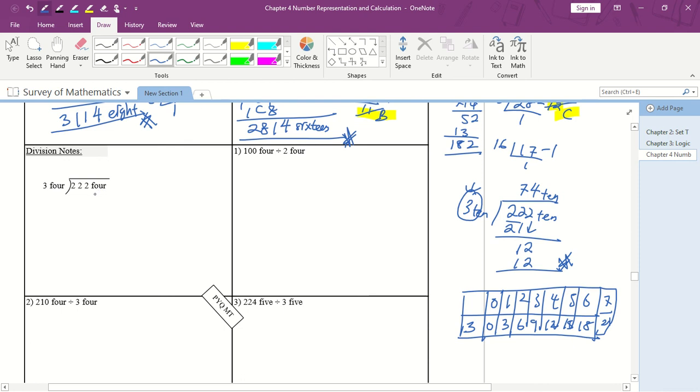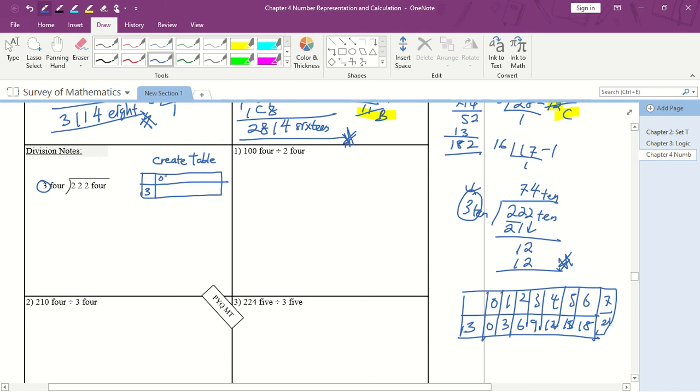Okay, let's try the question. First thing, this is 3 base 4, and we need to create a table. How are we going to create a table? Like this. We know this is 3, because this is 3.